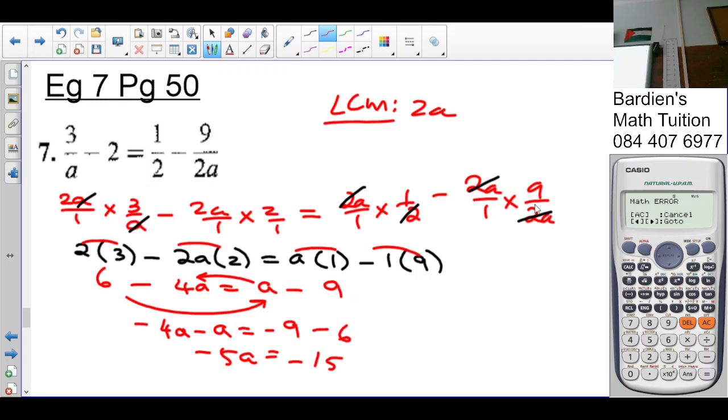You all got that? So what do I do now? Divide by negative 5. So therefore, a is equal to 3. Who got that right? You wrote 3 is equal to a. It's fine. Anybody else? a is equal to 3 and 3 is equal to a is the same.